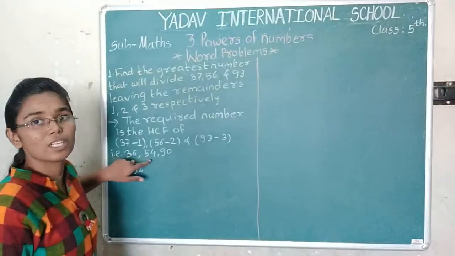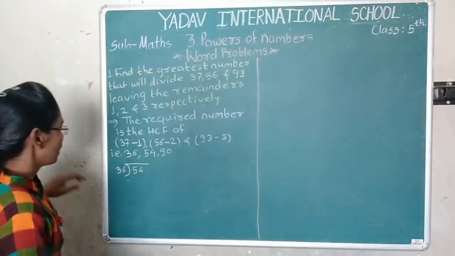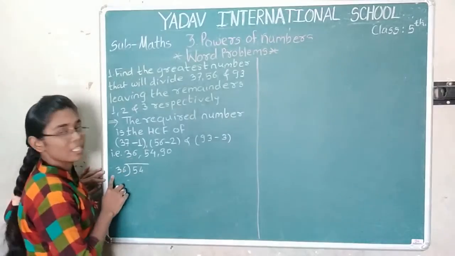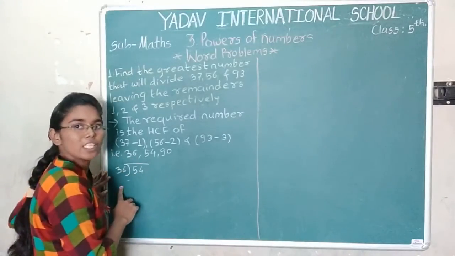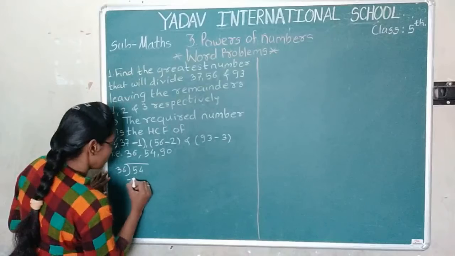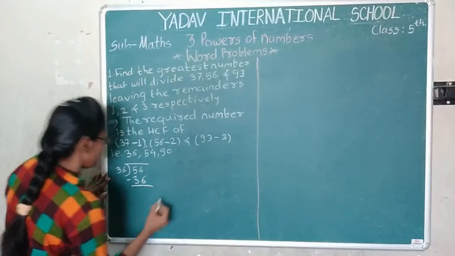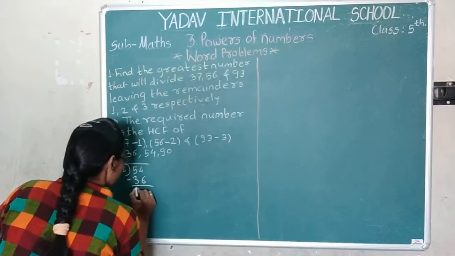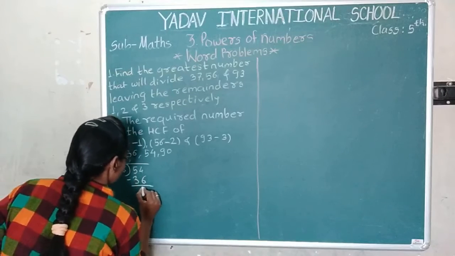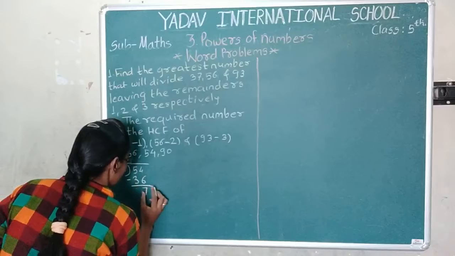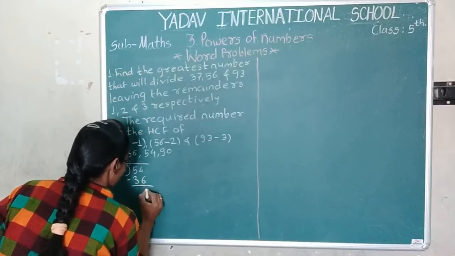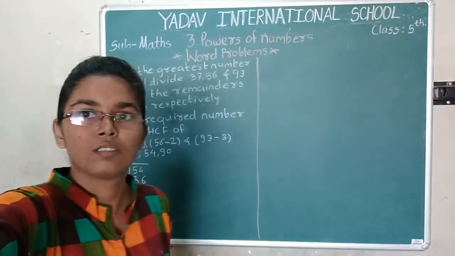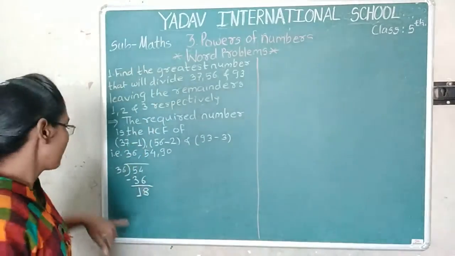Firstly the HCF of 36 and 54. Now to find the HCF of 36 and 54, firstly we will divide the greater number by the smaller number. Subtracting 36, it gives us 18.